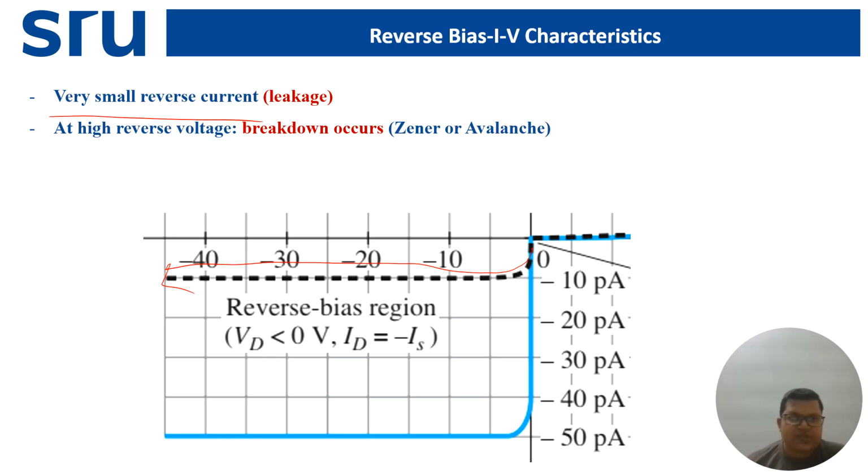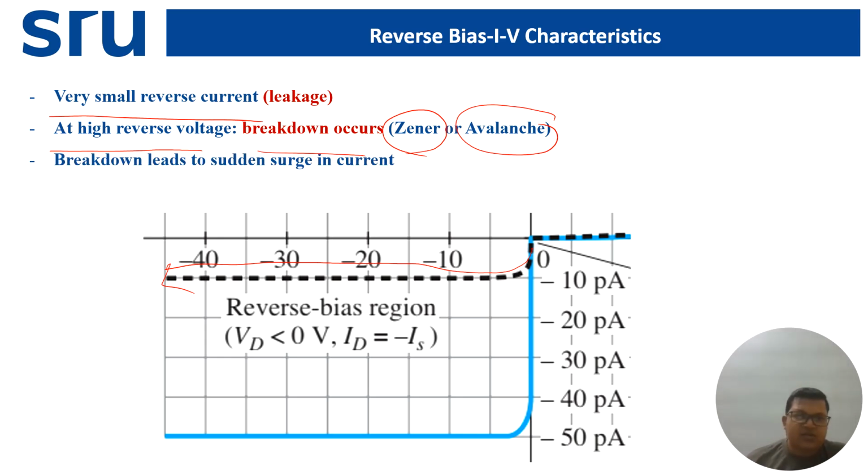Okay, and at high reverse voltage breakdown occurs. One type is Zener and another type is avalanche. We'll discuss those things later, not now. So at very high bias it is possible that the diode goes into breakdown, and breakdown has two kinds of processes, Zener and avalanche, depending on the type of breakdown.